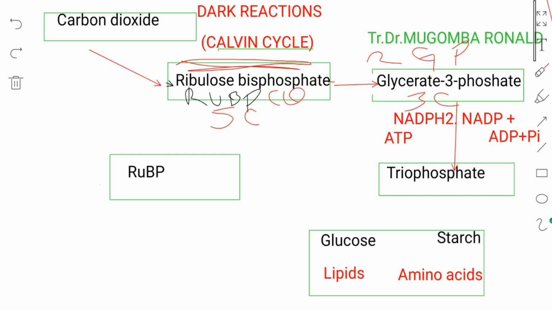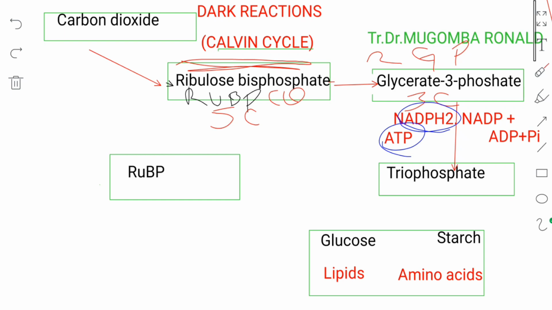During the reduction stage, we use the products from the light-dependent reactions. From the light-dependent reactions, we had reduced NADP and we also had ATP. Those were the products formed in the thylakoids. All these reactions, known as the Calvin cycle, take place in the stroma of the chloroplast.